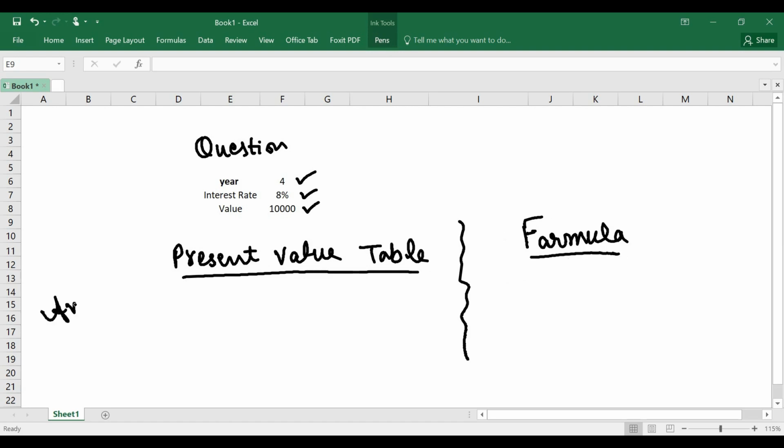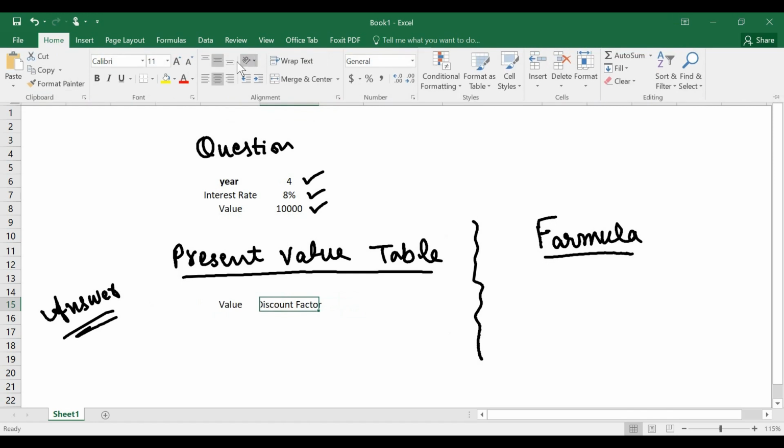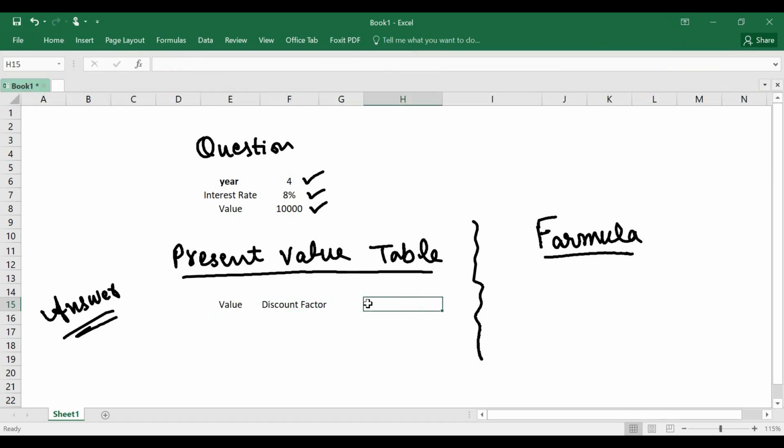So here we have our answer. Here we have our value. We will multiply it with our discount factor, and then finally we will have our answer, or the discounted value.